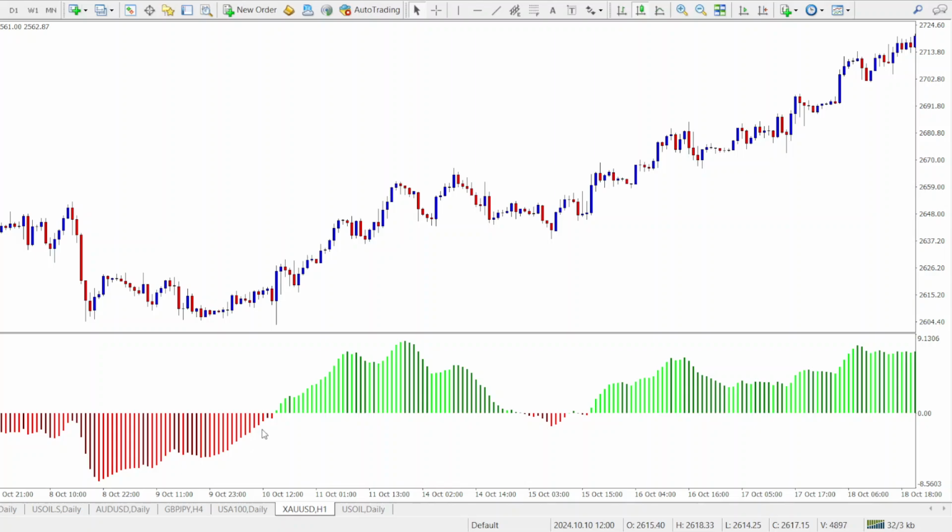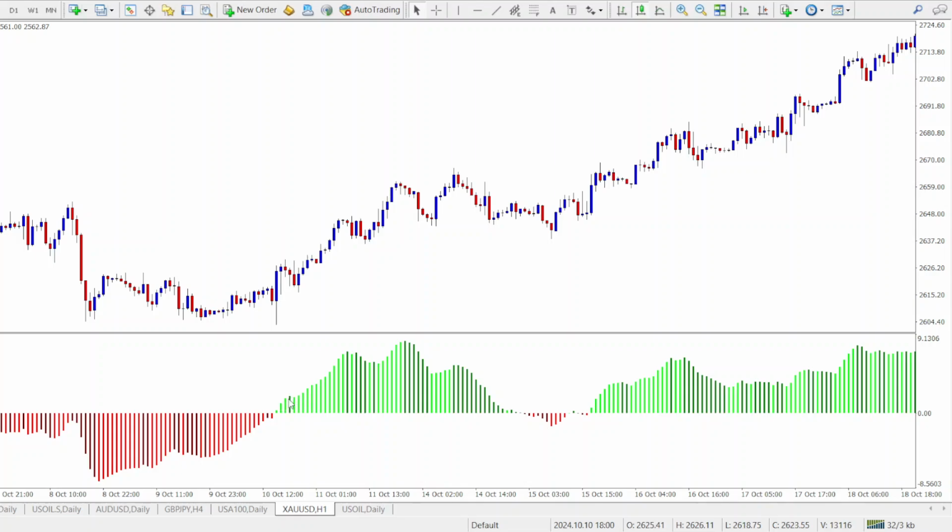When you have the histogram bars flip from the negative side to the positive side, that is when it flips from below zero to above zero, it shows a buy signal. It means that it is time to buy.